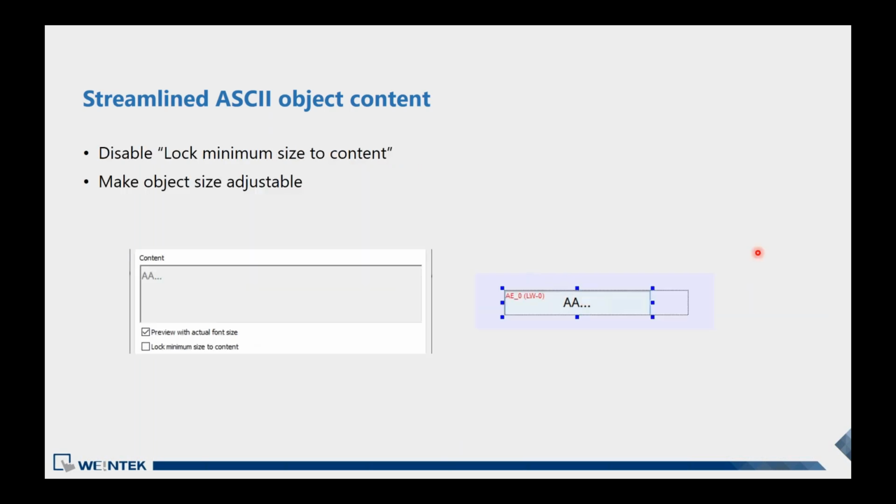Okay, so this modification is to remove these restrictions, and by disabling lock minimize size to content, you will get an abbreviation for the ASCII object, and then you will be able to resize the object length based on your applications, making it streamlined and friendly for project designing. And this is another small change, but beneficial for plenty of users.